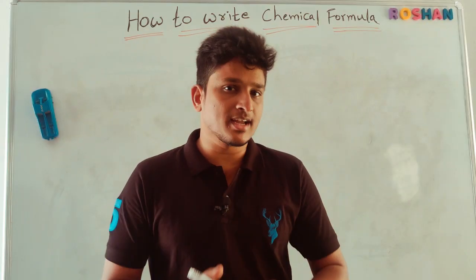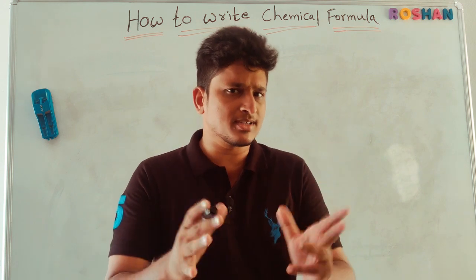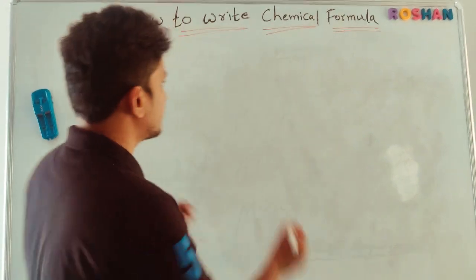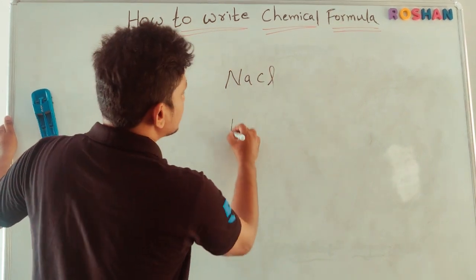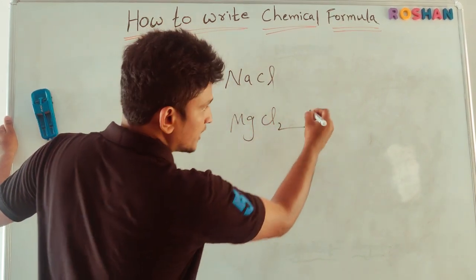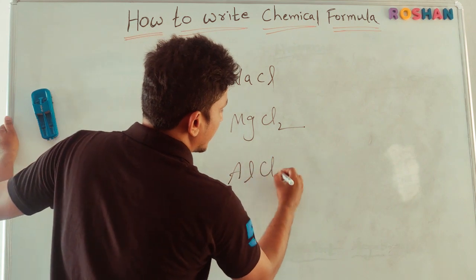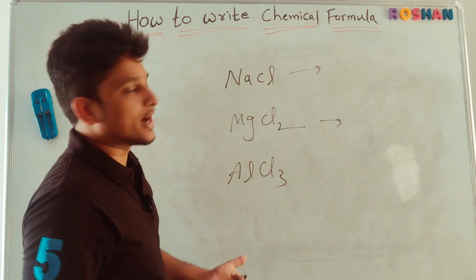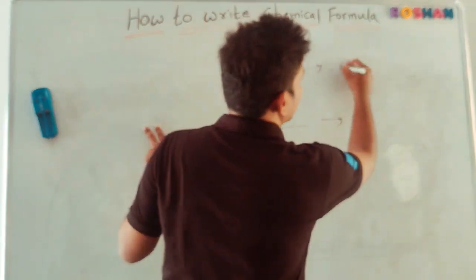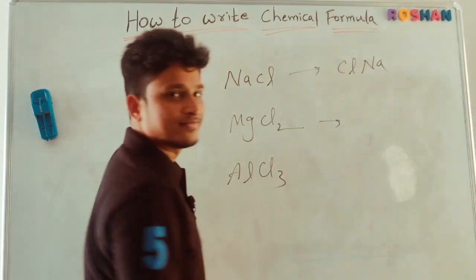So students, in writing the chemical formula, sometimes there is some confusion also. For example, sodium chloride, what is the formula? NaCl. Magnesium chloride, what is the formula? MgCl2. Aluminium chloride, AlCl3. Yes or no? So why only NaCl? Why not ClNa? Yes or no?